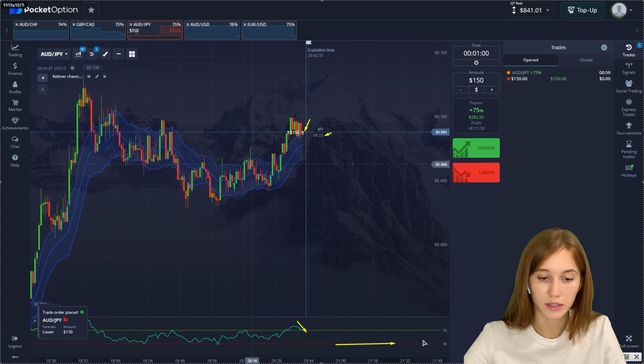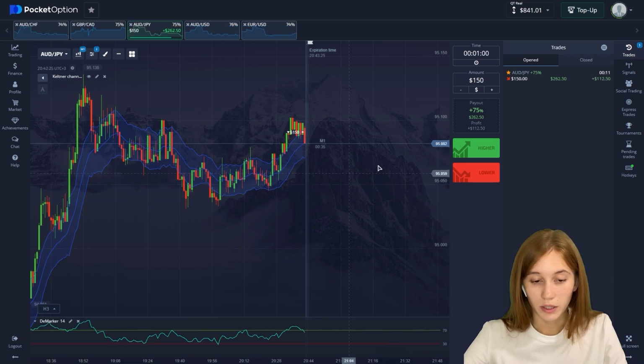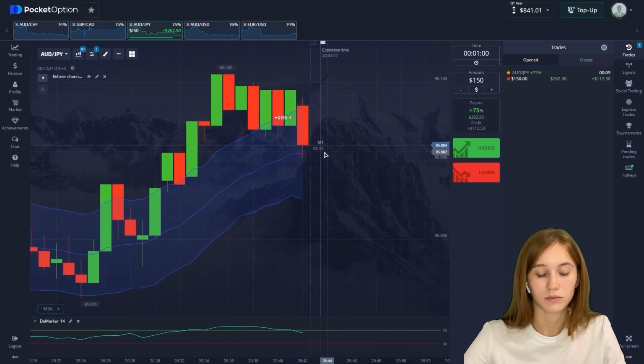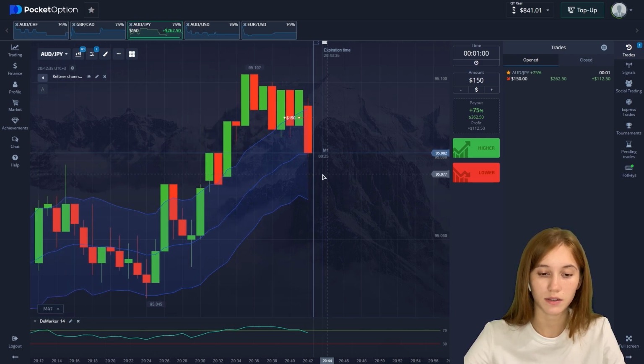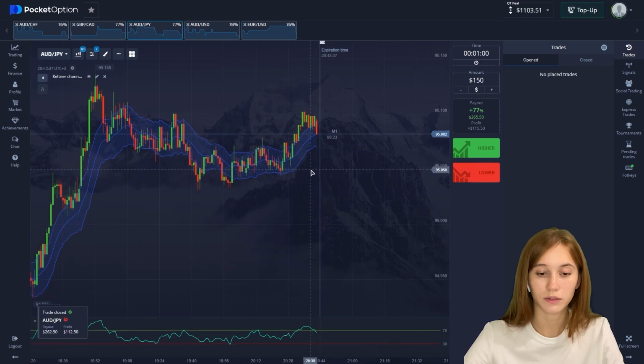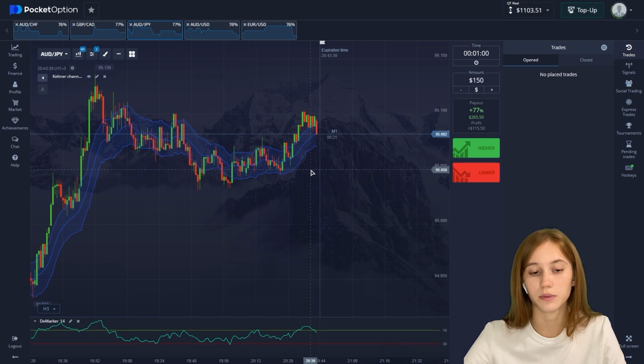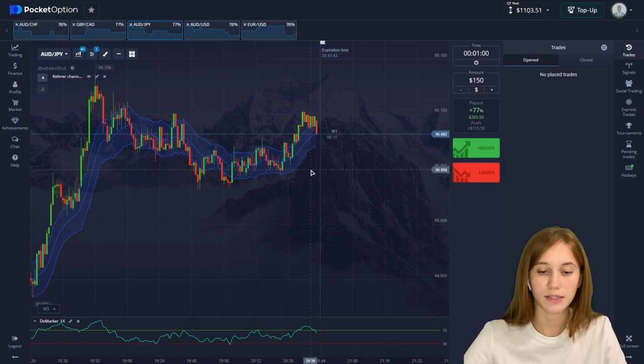By Keltner we see this. By the marker, the same situation, decreasing 30 and 70 points. 10 seconds left until the end of the deal. Large drawdown. Let's wait to close our trades. Yeah, plus deals. Good.